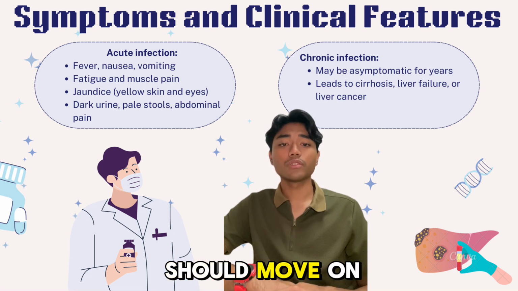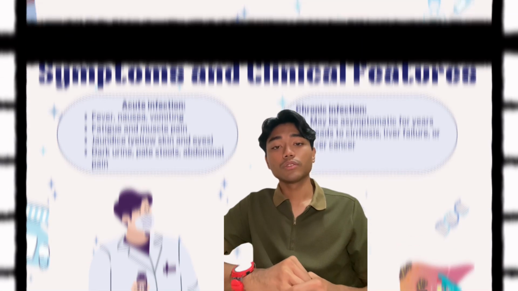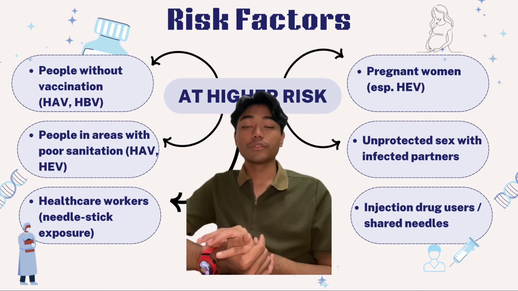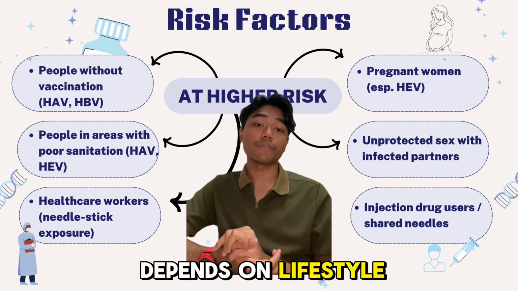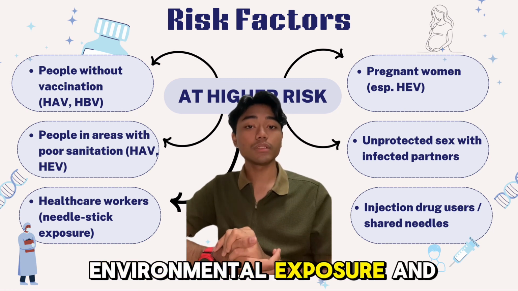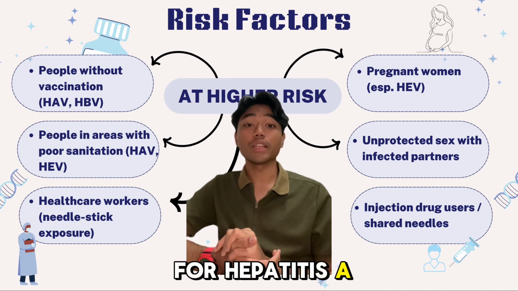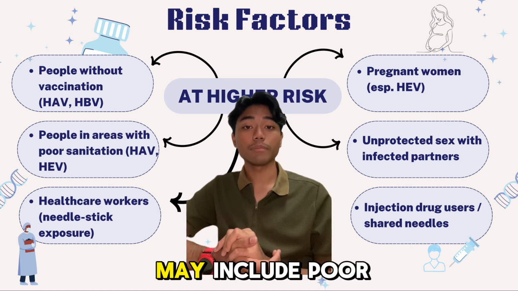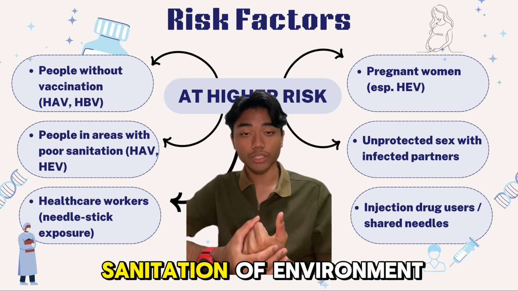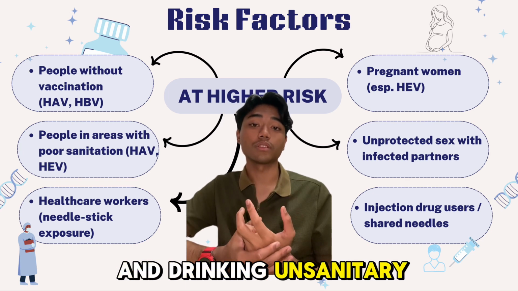So next we should move on to risk factors of hepatitis. The risk of viral hepatitis depends on lifestyle, environmental exposure and healthcare safety. For hepatitis A and E, the main risks may include poor environmental sanitation, eating contaminated food and drinking unsafe water.